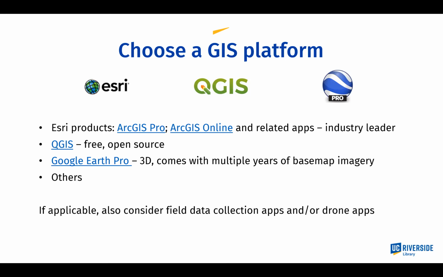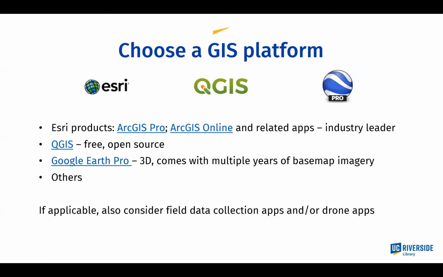But it has related apps that you might be interested in as well. QGIS is a free and open source alternative to Esri products, and it can do almost everything that Esri products can do. And then Google Earth Pro, I don't know if you've ever explored that, but it's available with 2D or 3D views, and it comes with multiple years of base map imagery.